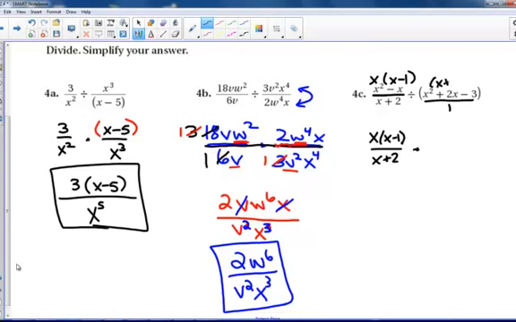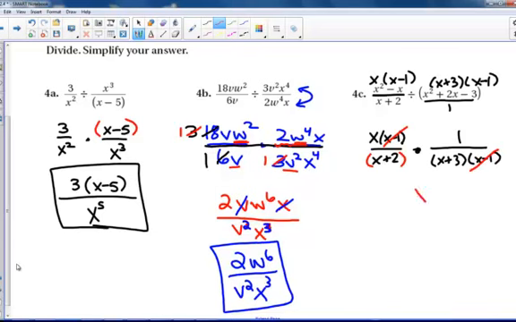X plus 3, x minus 1. So when I flip that, my numerator is now 1, and my denominator is now x plus 3, x minus 1. Anything with a plus or minus is linked. I'm going to put a parenthesis around that just so I don't forget. X minus 1's cancel. Nothing else cancels.